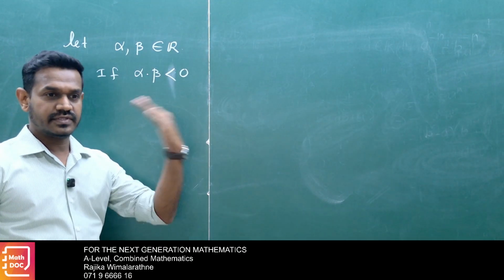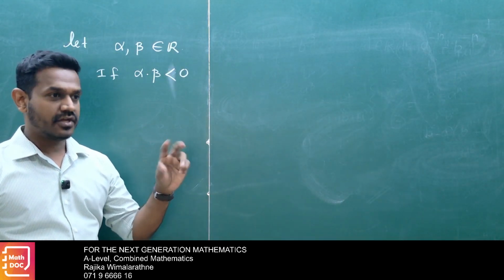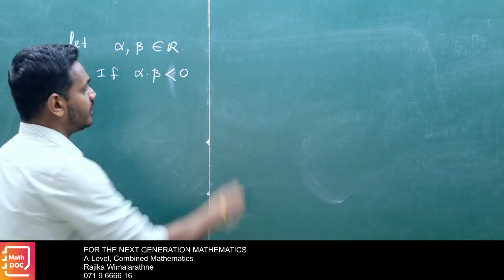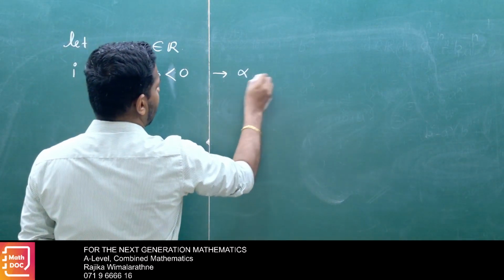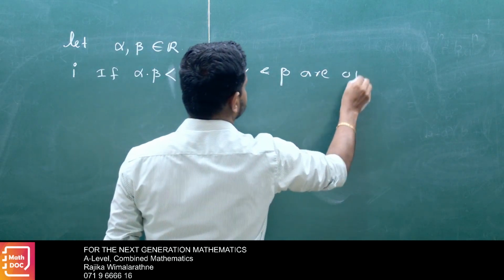One is positive, the other one is negative, no? Then product negative means alpha and beta are opposite in signs. Then we can say alpha and beta are opposite in signs.